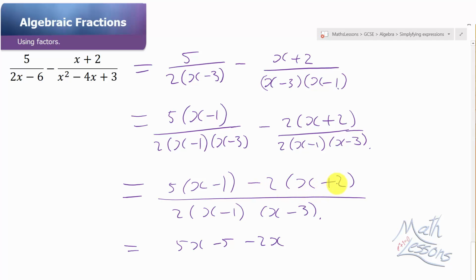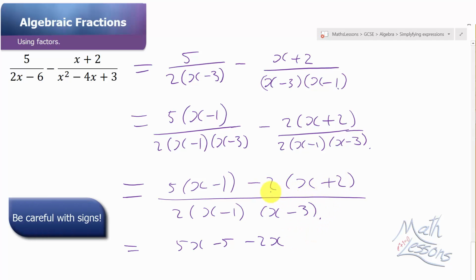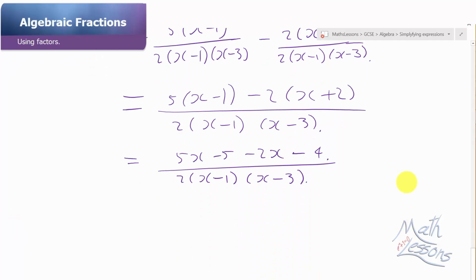Now this is where things tend to go wrong. So our students will write plus 4 here, but you've got this minus 2 times plus 2, so you get minus 4. And you're even more likely to make that mistake if they try and do two things at once. So do be careful. Very good students make this mistake all the time. So 5x minus 2x is 3x. Minus 5 minus 4 is minus 9.